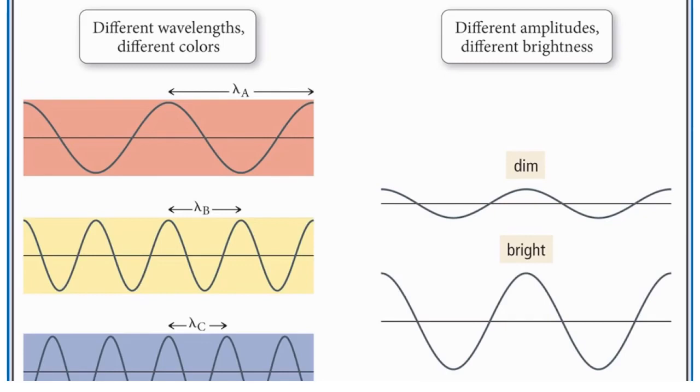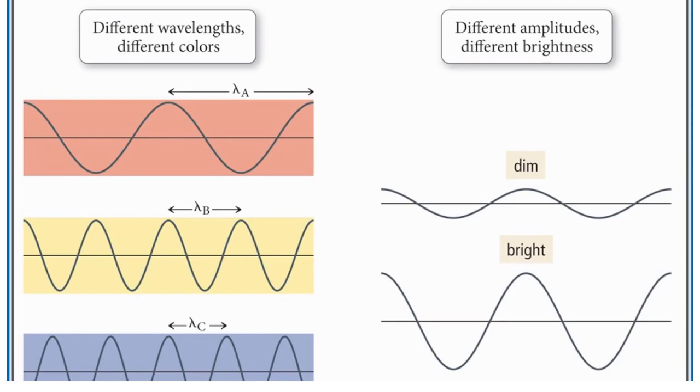Once again, let us compare wavelength and amplitude of a wave. Different wavelengths are related to different colors, whereas different amplitudes are related to different brightness. Here, wavelength is represented by the term lambda.